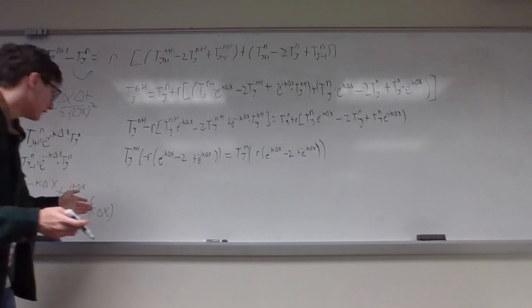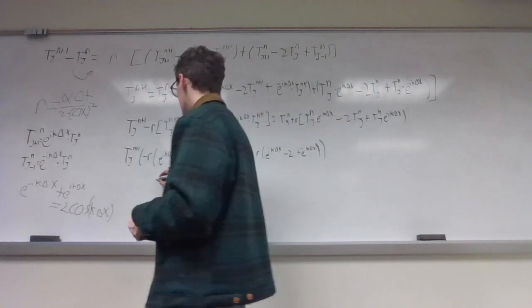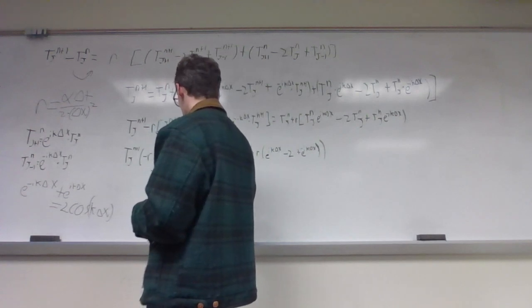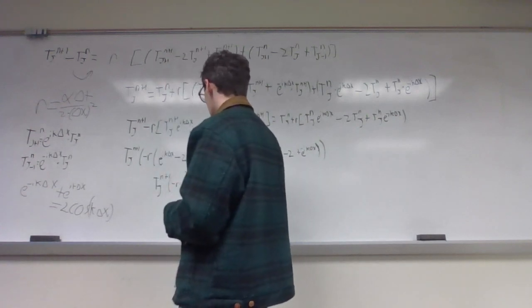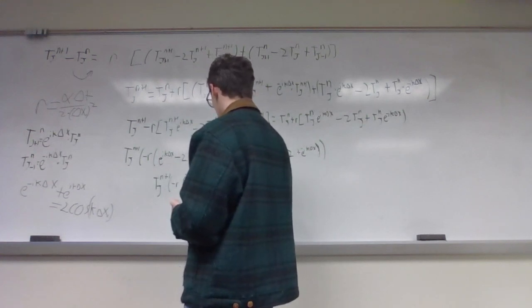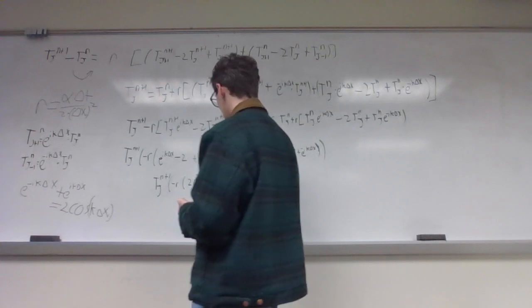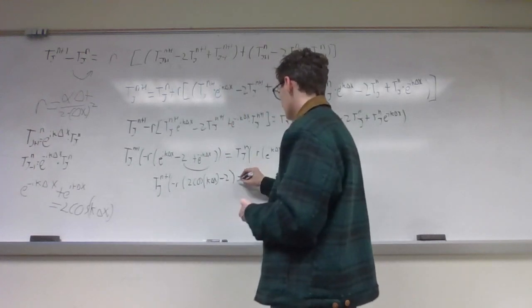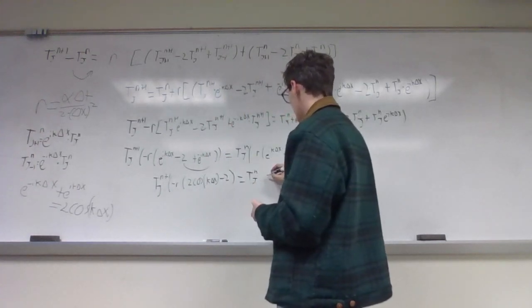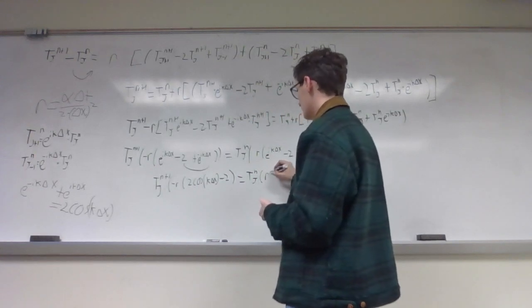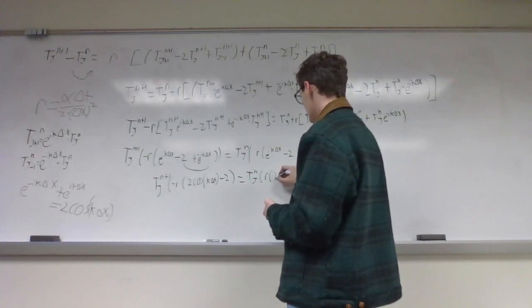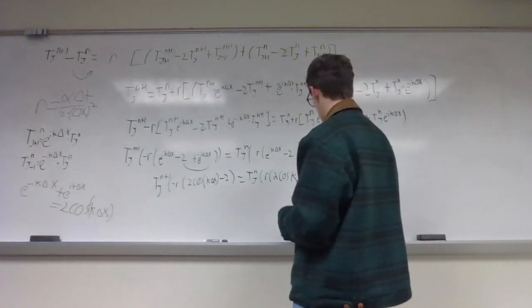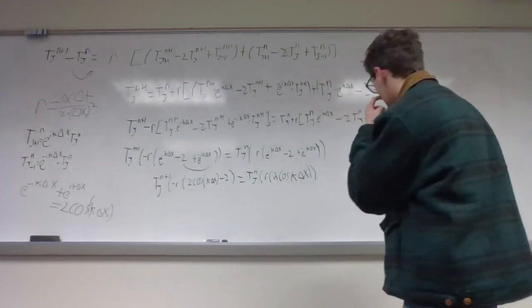So what we have here is our t, j, n plus 1, to then our negative r, to then our 2 cos k delta x, minus 2, we're going to move this over there, equals our t, j, n, to then our r value of 2 cos k delta x, and boom.